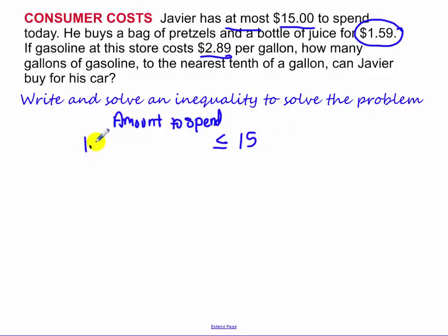He's already spent $1.59. Gas is $2.89 per number of gallons. Okay, G, let's define our variable. Tell me what G is standing for. Gallons of gas.